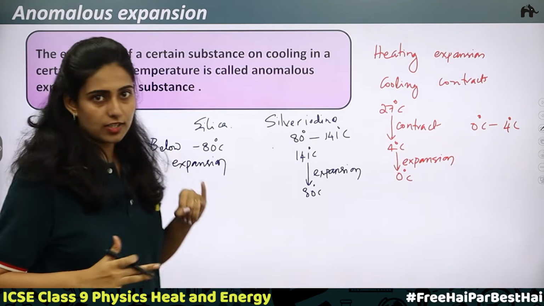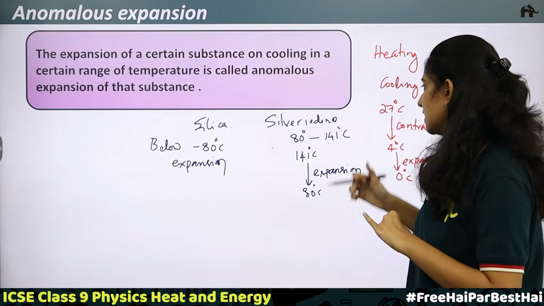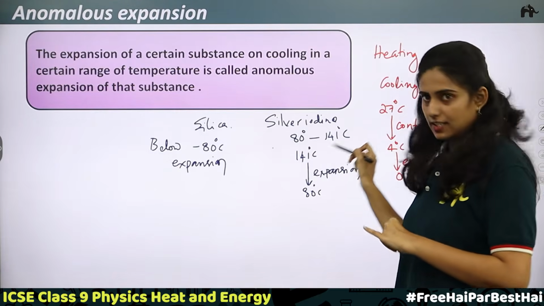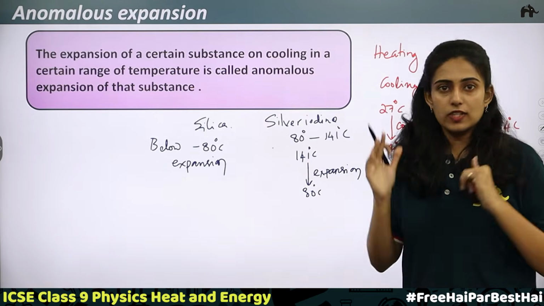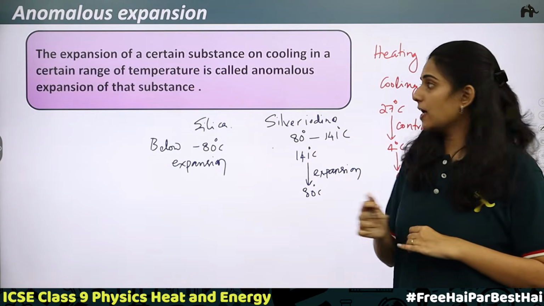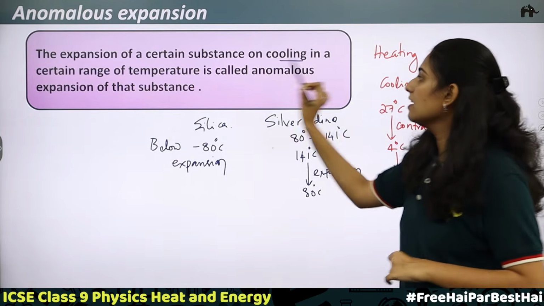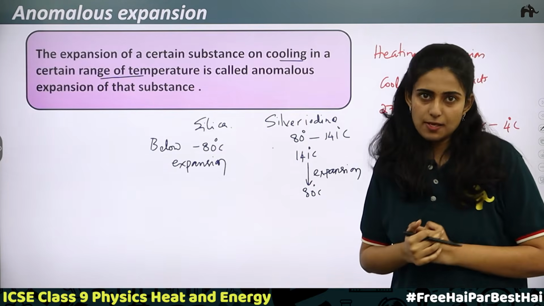First one is water in the temperature range 0 degrees Celsius to 4 degrees Celsius. Second is silver iodide in the temperature range 80 degrees Celsius to 141 degrees Celsius. And the third one is silica below minus 80 degrees Celsius. So we can define anomalous expansion: the expansion of a certain substance on cooling in a certain range of temperature is called anomalous expansion of that substance.